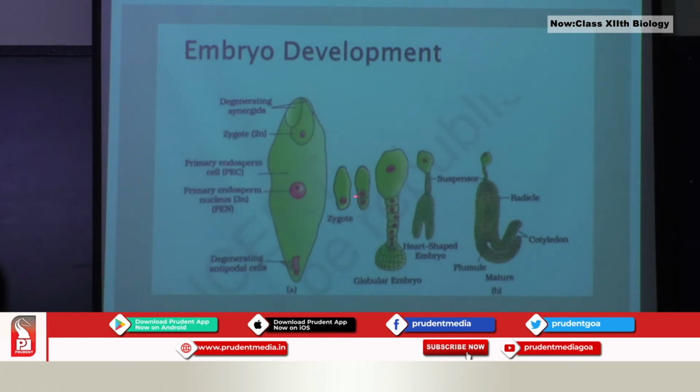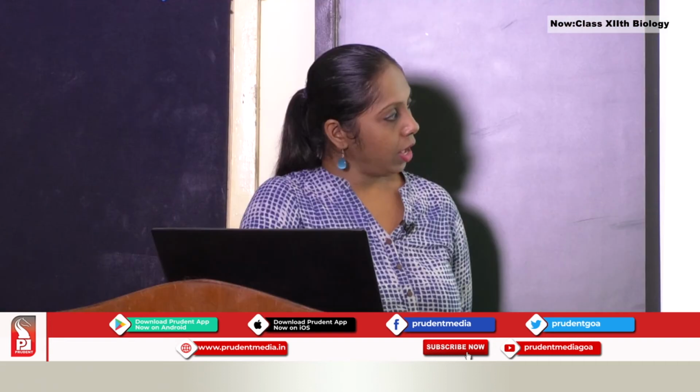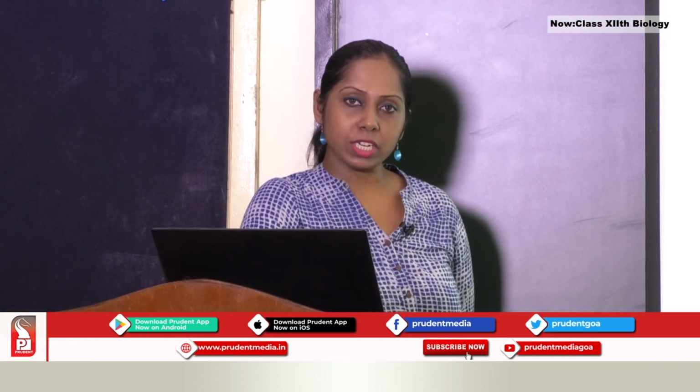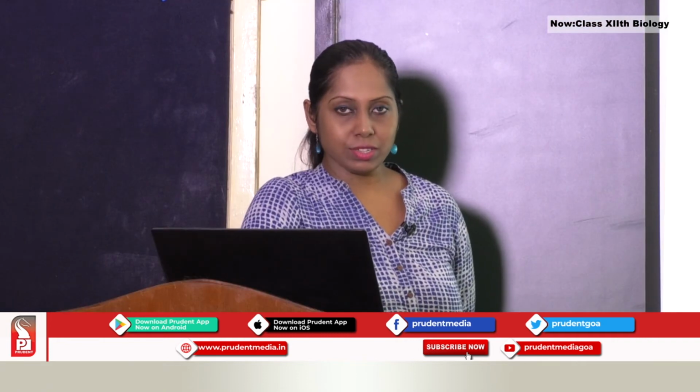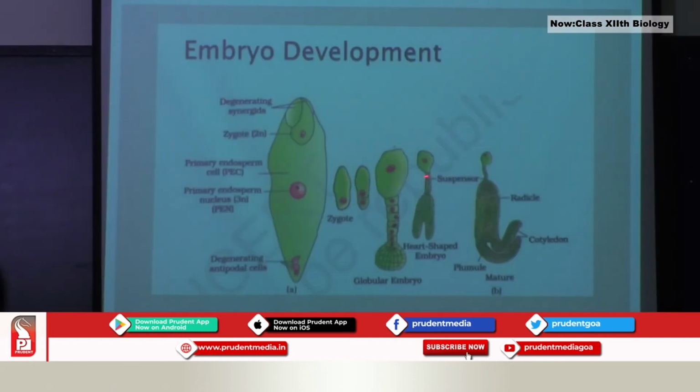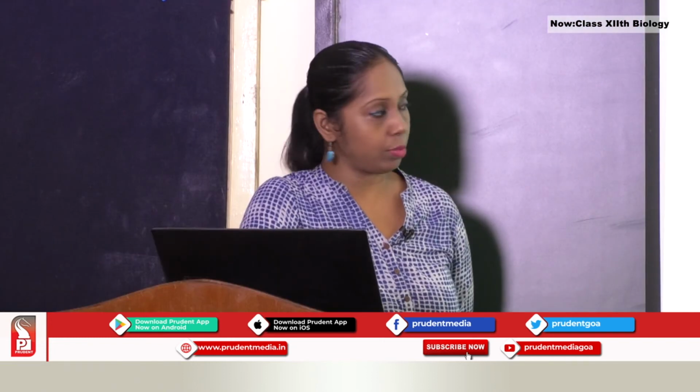What happens to the suspensor cell? It also undergoes mitosis to form a long suspensor, and the zygote cell also undergoes mitotic divisions further to become the globular embryo. Have a look at the shape of the embryo, it is globular. As the embryogenesis progresses through mitotic divisions, you notice the suspensor increases by the increase in the number of mitotic divisions of the suspensor cells, and the globular embryo now transforms and becomes heart-shaped embryo.